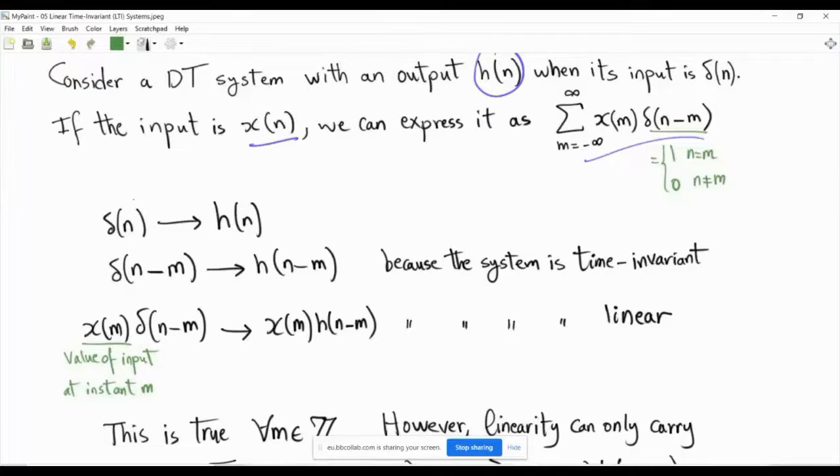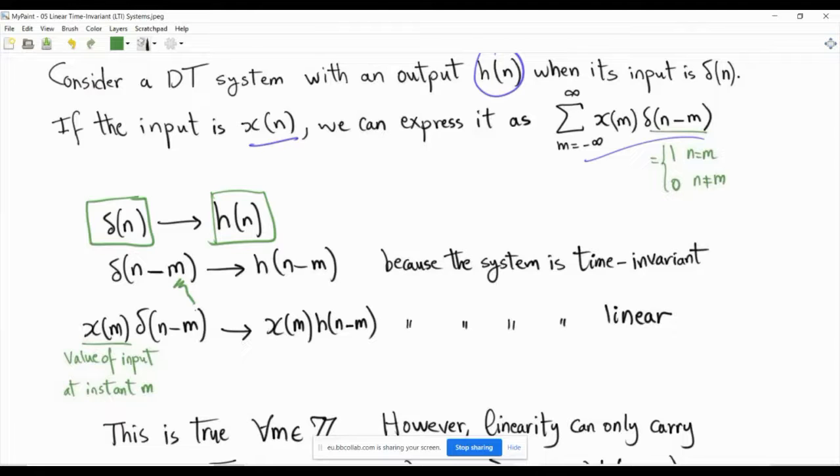We take our system to be linear, we know that it is time invariant, and we know that if we feed it delta of n, the discrete time delta, it gives as an output h of n. So can you tell me what happens if you feed this system with delta of n minus m? This is a shifted version of the input.